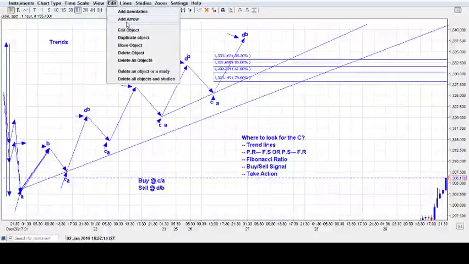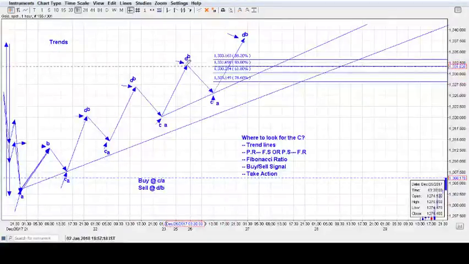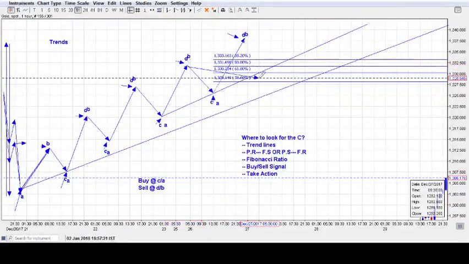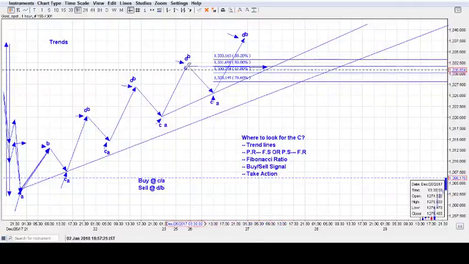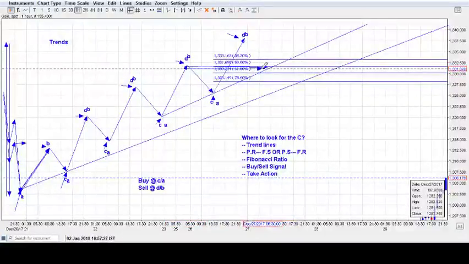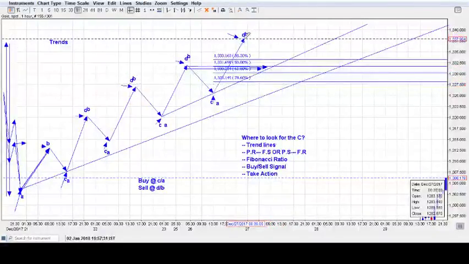Like, say, for example, in this figure, there is a convergence coming, the past resistance becoming future support between the 50% and the 61.8%.